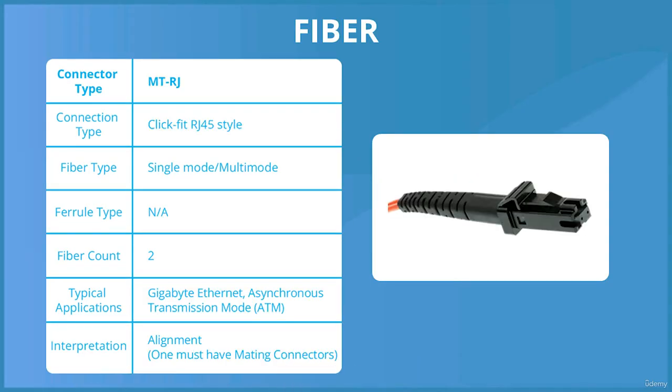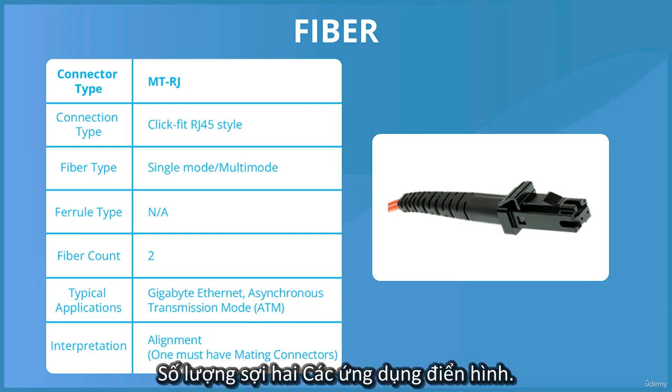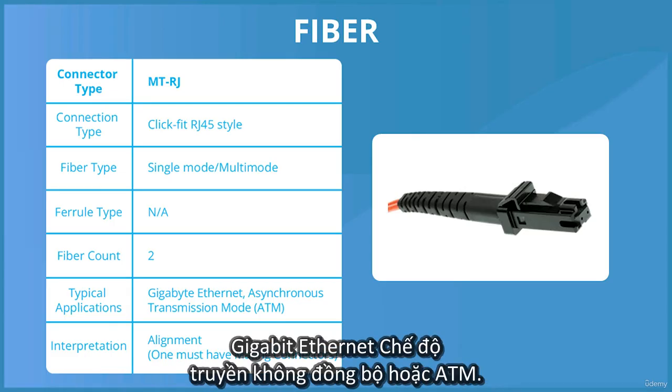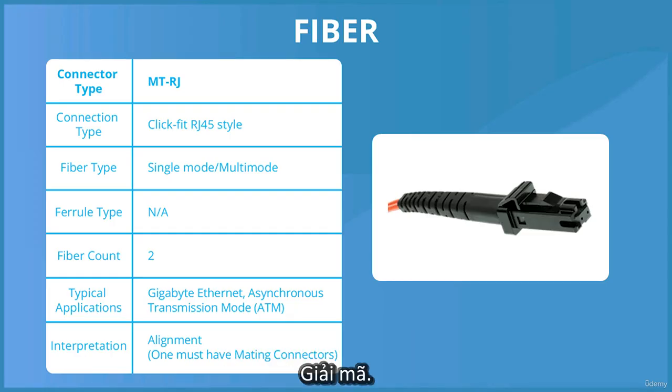Connector type MT-RJ. Connection type click fit, RJ45 style. Fiber type single mode, multimode. Ferrule type not available. Fiber count 2. Typical applications Gigabit Ethernet, asynchronous transfer mode or ATM. Interoperability alignment. One must have mating connectors.